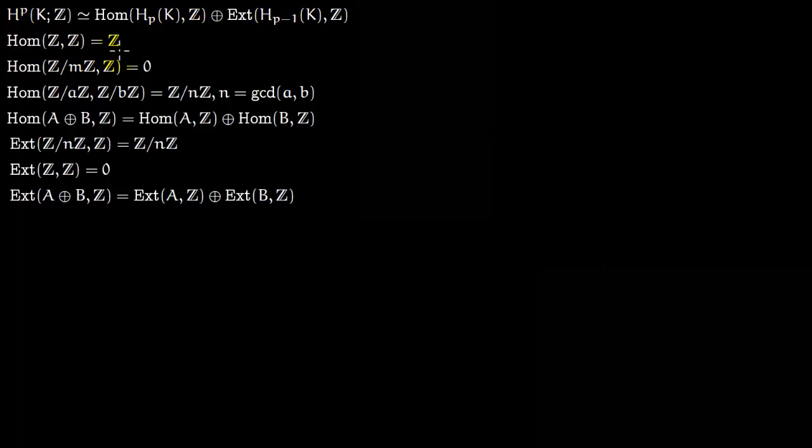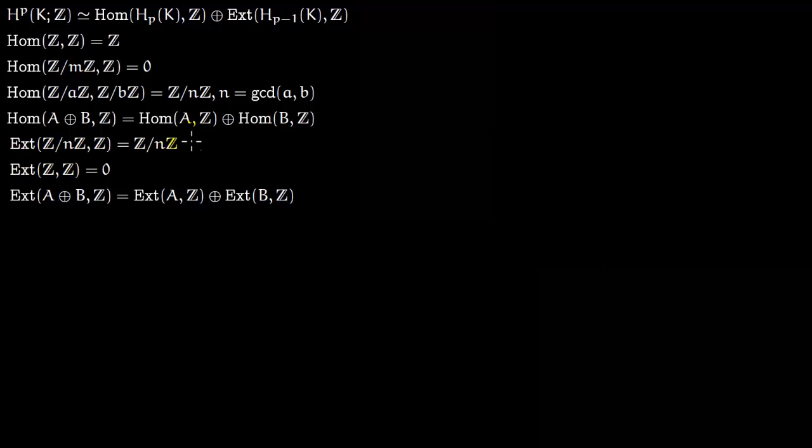So a bunch of formulas here: Hom of Z comma Z is just Z. Hom of Z modulo mZ, Z is 0. Then Hom of Z/aZ, Z/bZ is Z/nZ, where n is the greatest common divisor of both a and b. So a and b are integers here, m is an integer. Then Hom of A direct sum B, again integers, to Z is Hom(A, Z) direct sum with Hom(B, Z).